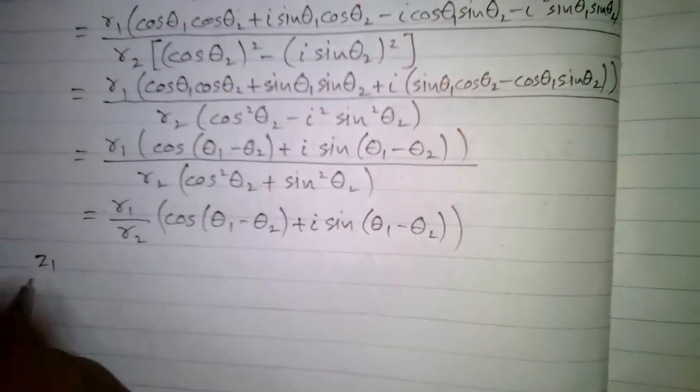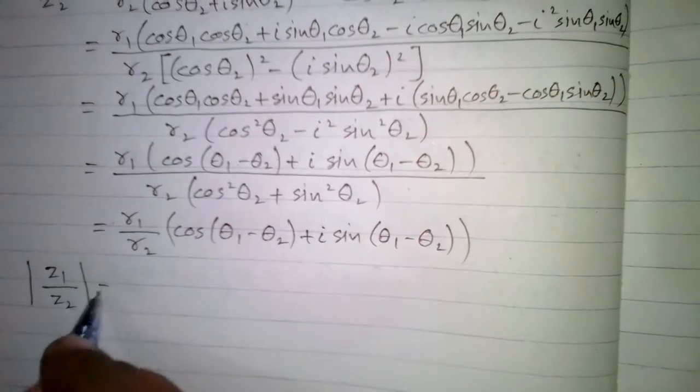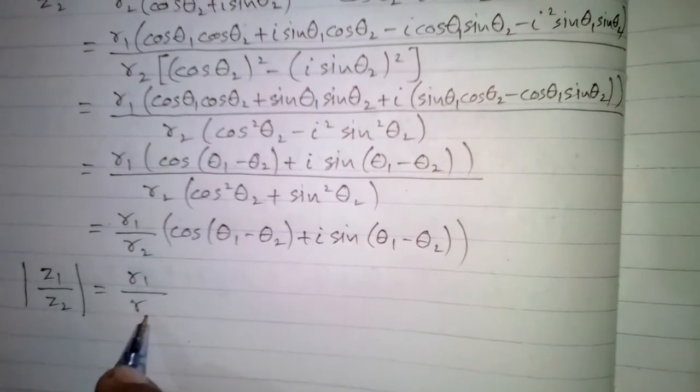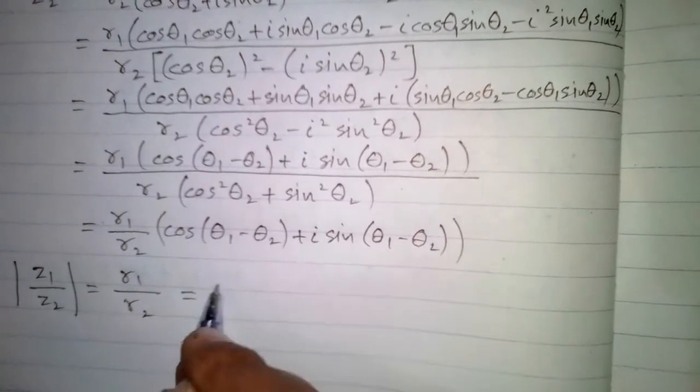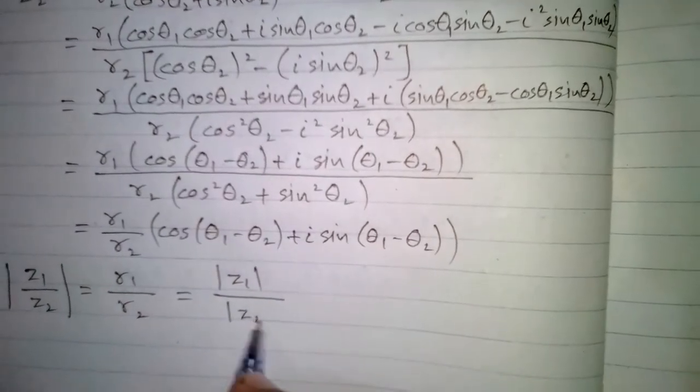Now the modulus of z1 over z2 is equal to r1 upon r2, where r1 is the modulus of z1 and r2 is the modulus of z2.